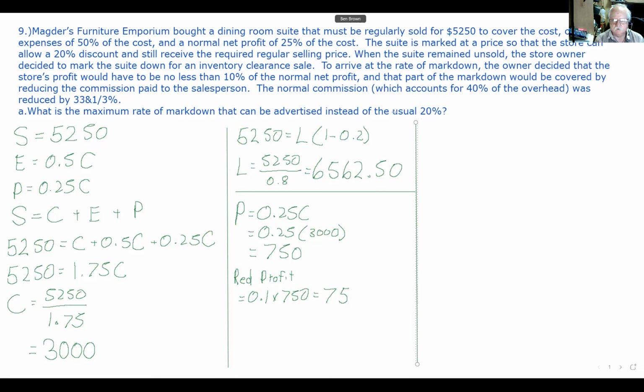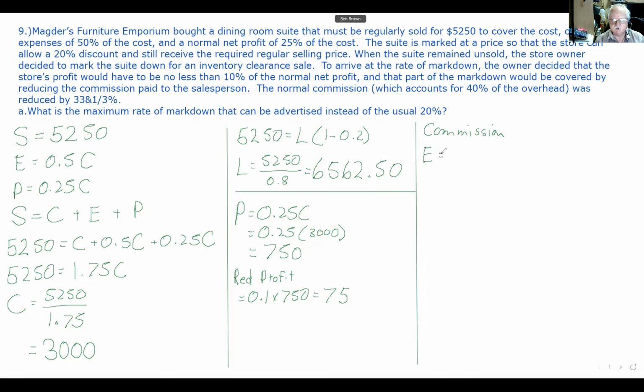So what do we know? Commission. And the normal commission is 40% of the overhead, which is the expenses.